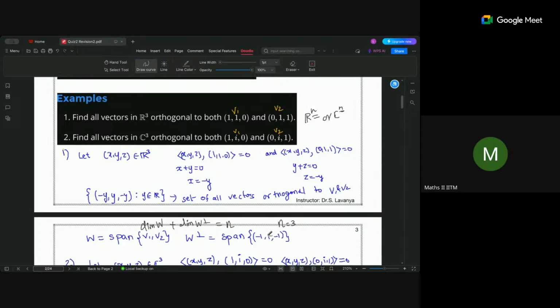Right? Now, what should be the dimension of W perp if W has only one vector? Tell me.